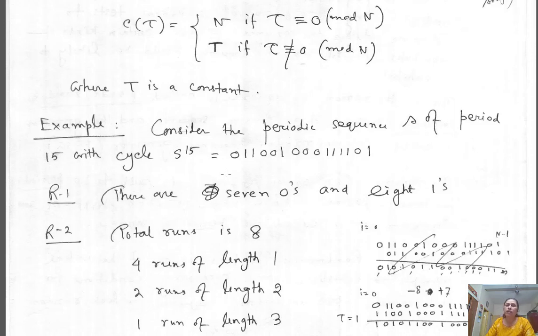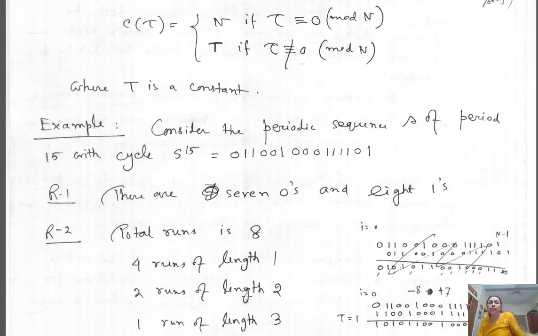Runs of length 1 means single bits. 0, 1. Again, this is 0. This is 1. So length 1 means a single bit. So how many runs of length 1 are there? 1, 2, 3, 4.